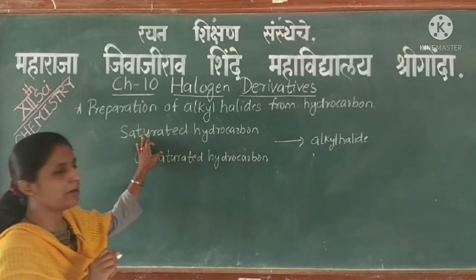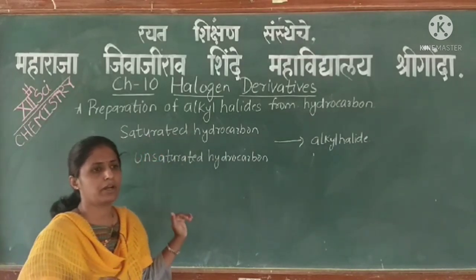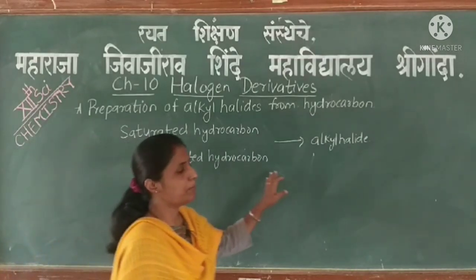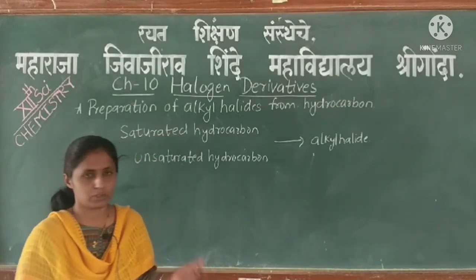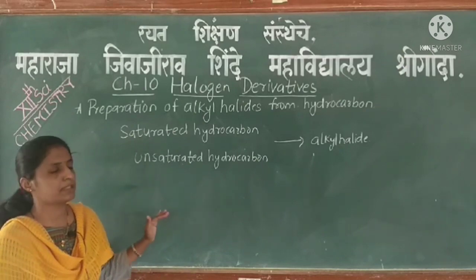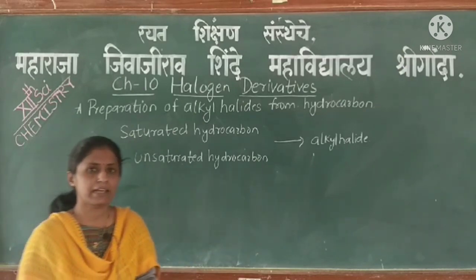So both saturated hydrocarbon and unsaturated hydrocarbon can be used to prepare alkyl halides. Now this method of preparation we have studied in 11th standard.